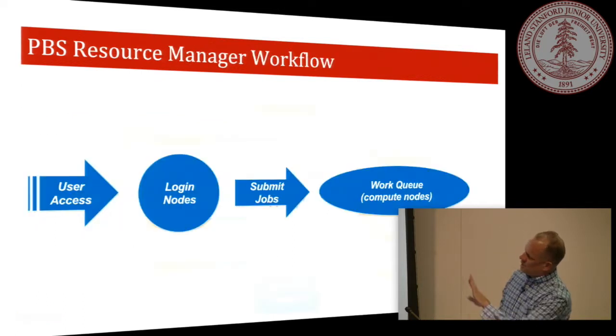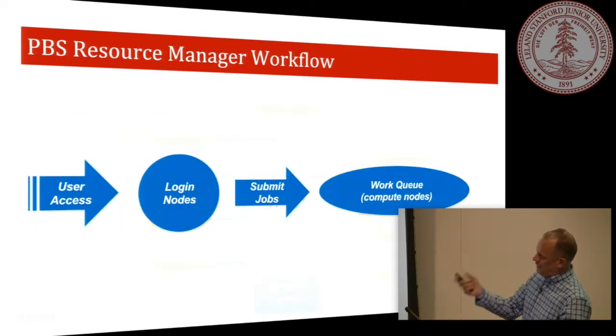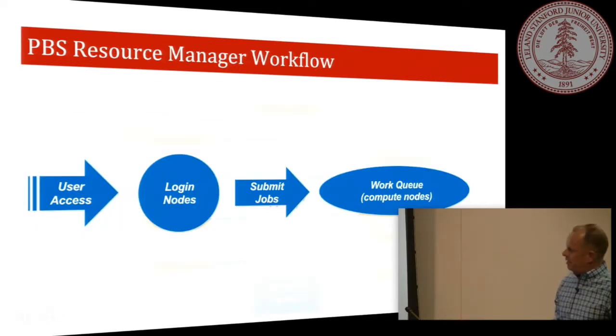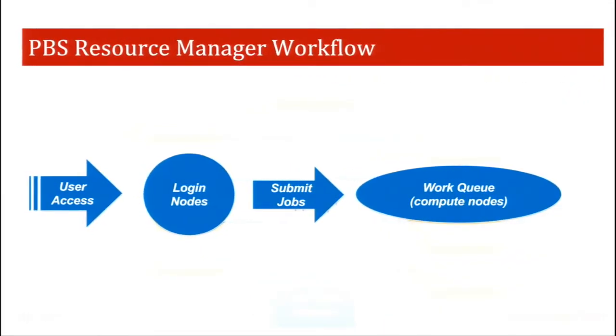So that's essentially it. And essentially, here is the access flow to the cluster. We look back here at the KNL cluster, and we have the login node. Users log in here, they submit jobs, and then it goes out to a work queue. This is where you would have your restrictions or policies that define how people can access those resources.